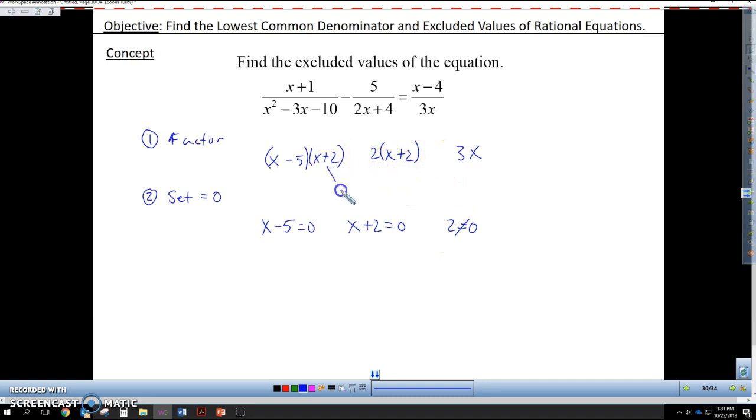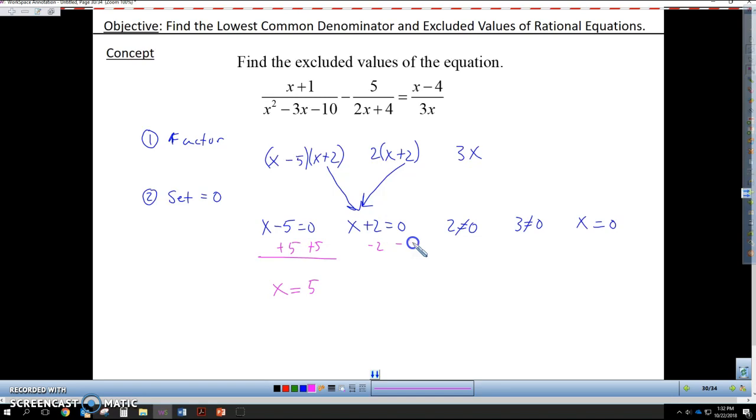Notice here how I have x plus 2 repeating. You only need to write it once. Again, 3, I'll set 3 equal to 0. We just ignore it. We throw it out. And then lastly, I have x equal to 0. So what are my excluded values? Well, I add 5 and I get 5 as one excluded value.